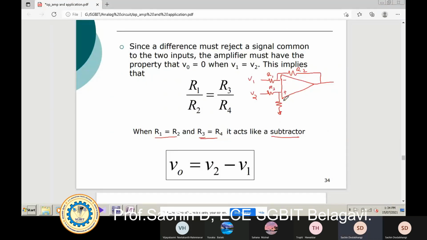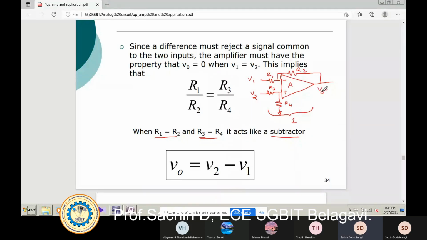So here, given R1 is equal to R2 and R3 is equal to R4, the complete gain of this amplifier is equal to unity. It means if all the resistors are equal here, then the gain of this amplifier is unity. Then what will be your output?